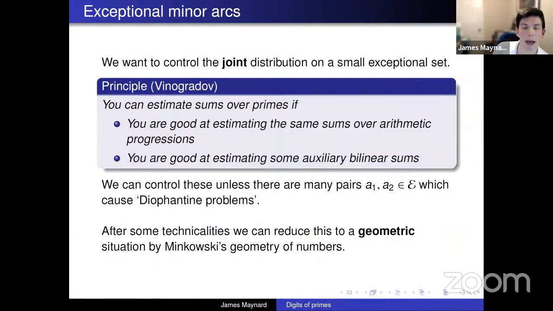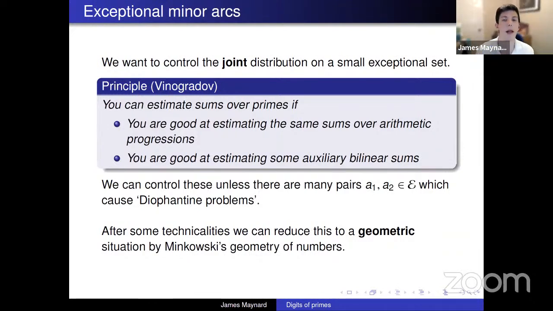One is related sums where instead of looking at it being over primes, you're looking at it over arithmetic progressions. And the second type of sum is certain auxiliary bilinear sums. In practice, it turns out that it's these bilinear sums that are always the most complicated things to estimate, and that's normally where we struggle to get good results.